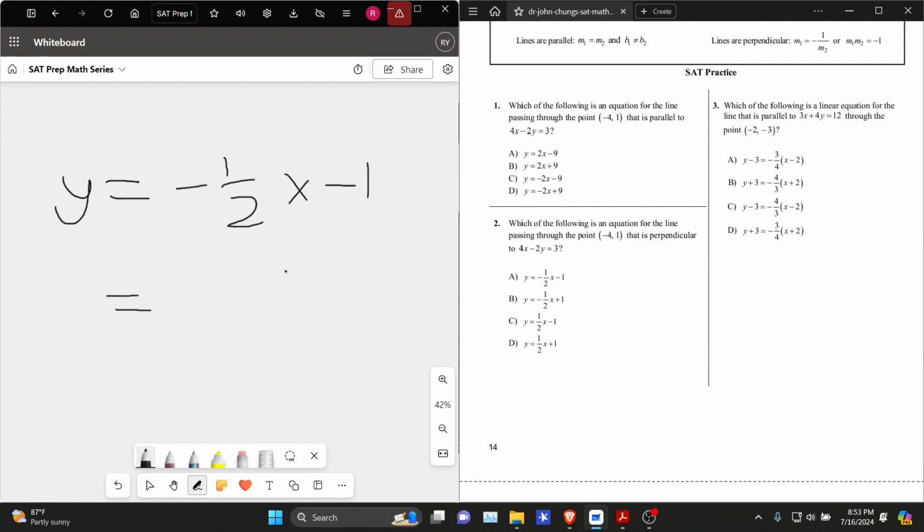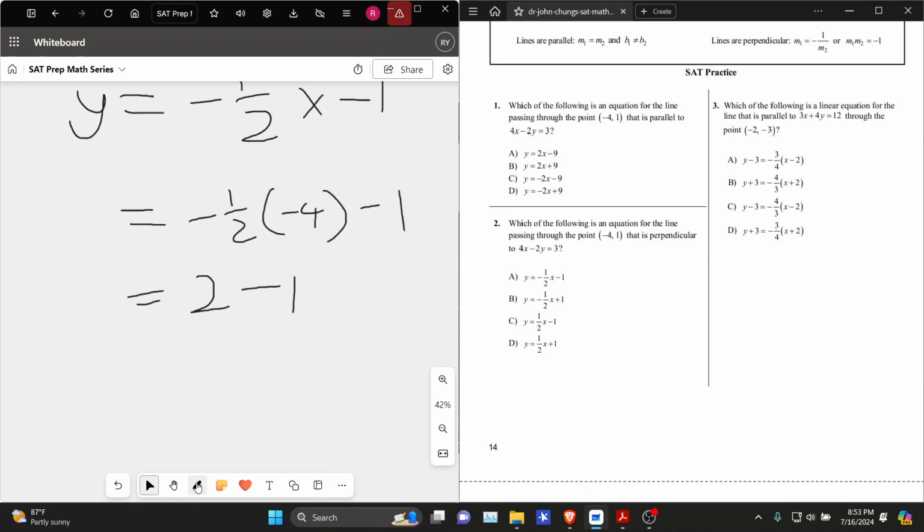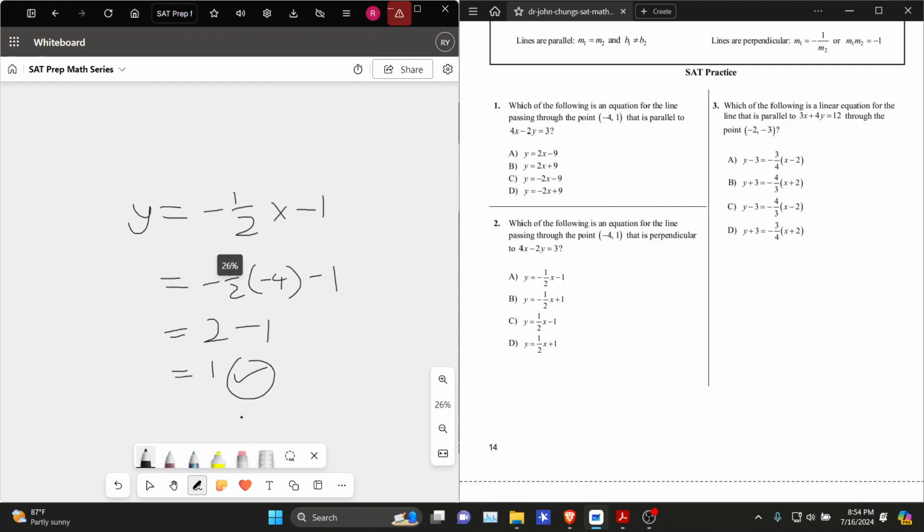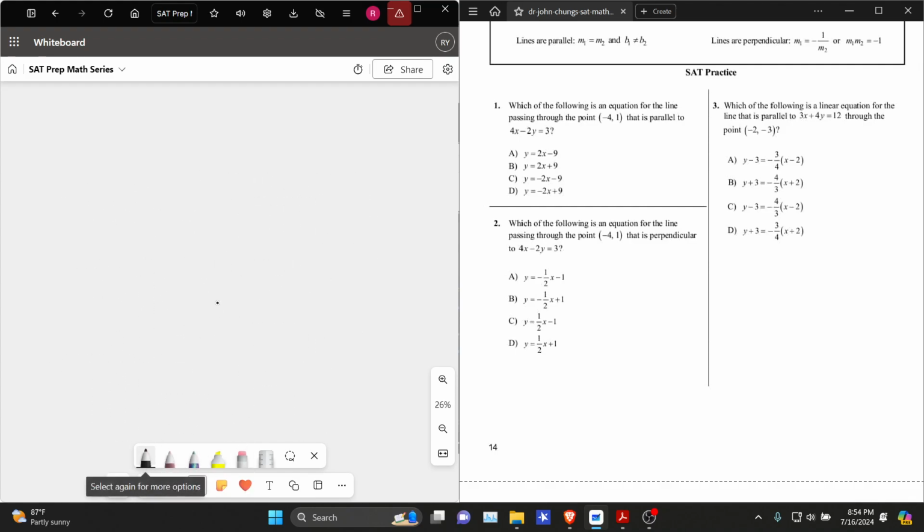Let's try equation A and plug in -4: -1/2 times (-4 minus 1)... negative times negative would be a positive, so this would be plus 2 minus 1, and this should get you 1, which it does. So that is the correct answer. For question 2, the answer is A. Good.